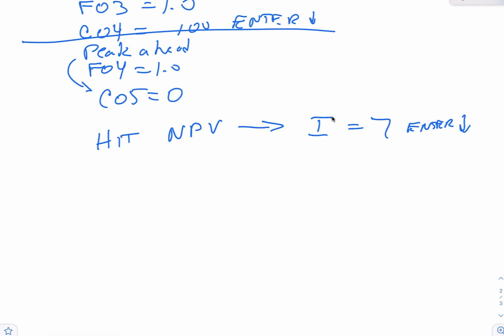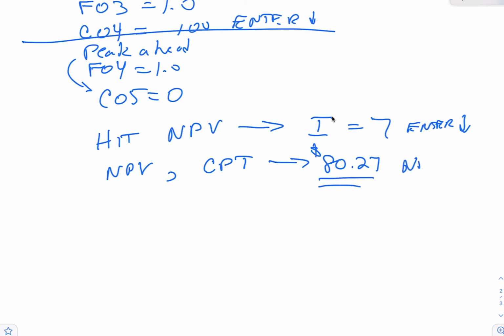What you'll see on the display after that is NPV. When you see NPV, hit compute in your upper left hand corner. And when you hit compute, out will pop $80.27. And that is your net present value.